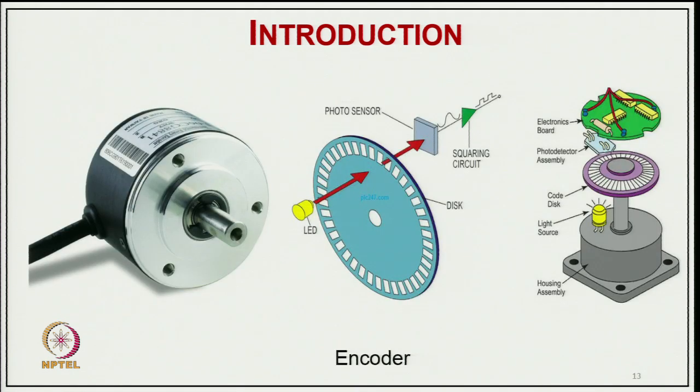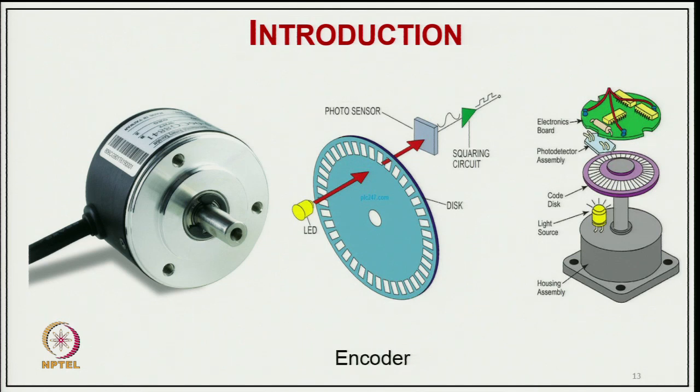Then we have a typical example of an encoder, where you have an LED light that goes to a photo sensor, and then a squaring circuit which gives the signal at the output as a digital signal. This disc with the LED gives you the different positions of the rotor, and is normally used in different kinds of electric motors for position sensing, maybe a stepper motor or a permanent magnet synchronous motor, PMSM.